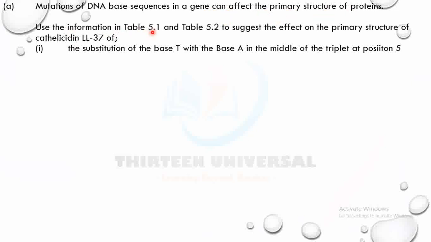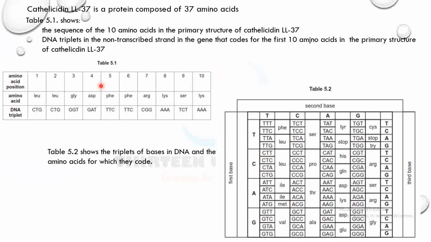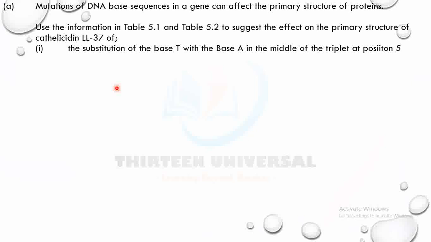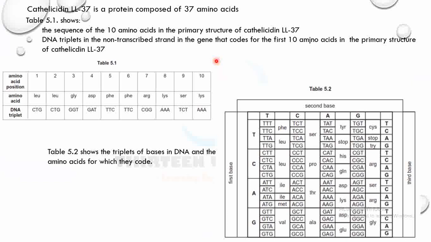Use the information in table 5.1 and table 5.2 to suggest the effect on the primary structure of cathelicidin LL37 of the substitution of the base T with the base A. So T is substituted with base A in the middle of the triplet at position 5. Look at it: A at the middle of that. I want you to try and see what impact it will have.